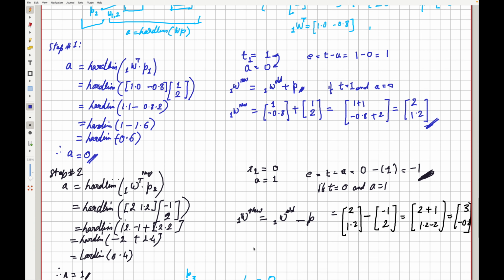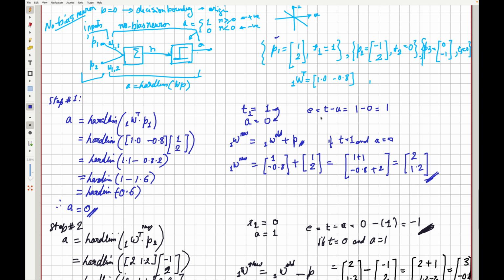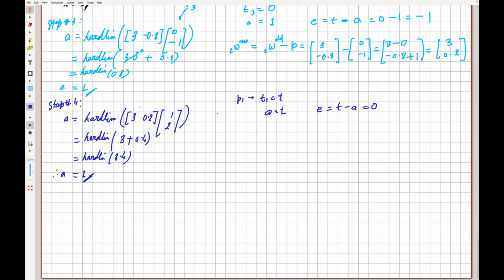So for P1 we have a target as 1, so let's write that down here. For P1 the target that we have is 1, and A is also 1. So if we try and calculate the error this time, it is simply 0. And so we have reached a point where no longer updates are needed to W, and we found the decision boundary, as long as we don't add any new point to this and it gets misclassified.